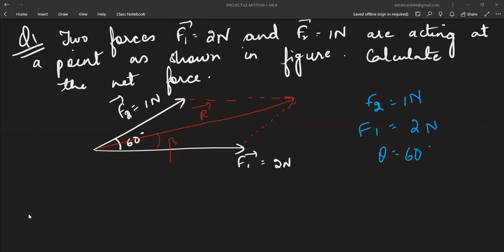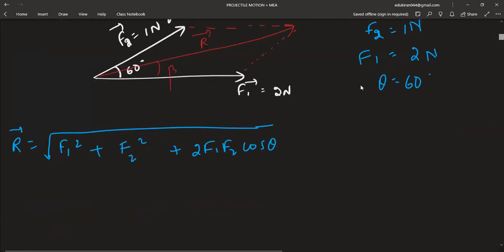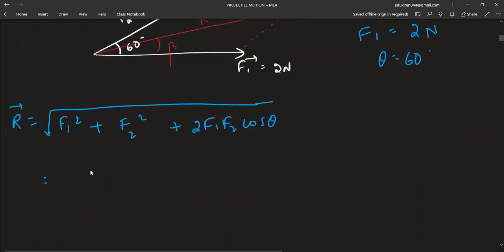Okay, let us see. So the formula for the resultant that we have, resultant's magnitude, it is square root of a square plus b square plus 2ab cos theta. Now see, when you put in the values f1 and f2, look here. Firstly, this is f1. So 1 square plus 2 square plus 2 into 1 into 2 into cos 60 degree.